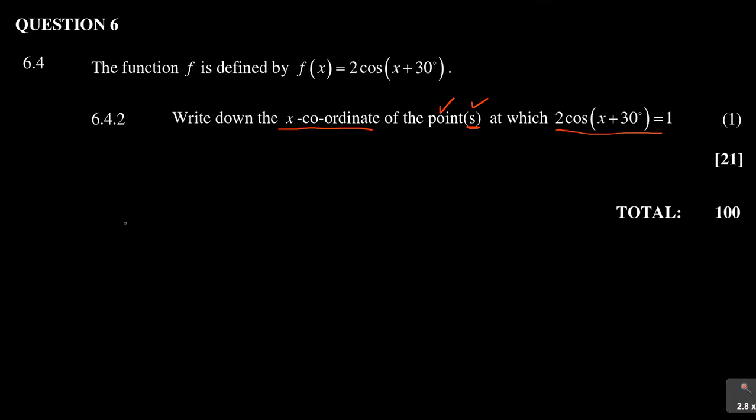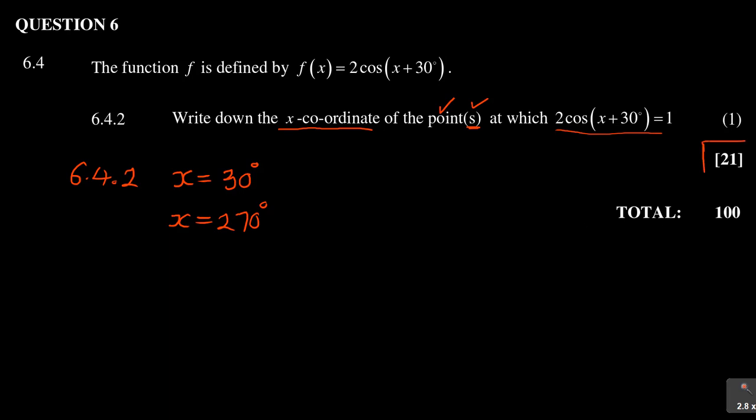That's how you could have written this answer. So 6.4.2 is x is equal to 30 degrees, you get a mark, and x is equal to 270 degrees, you get a half a mark for that. So this is how you are supposed to then use that graph to solve the next question.